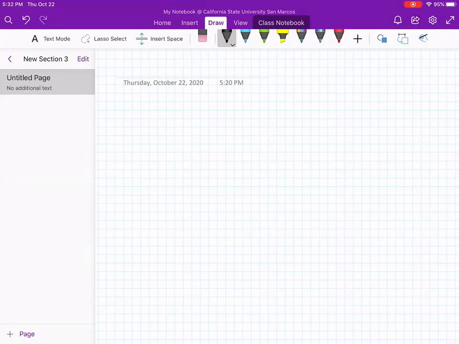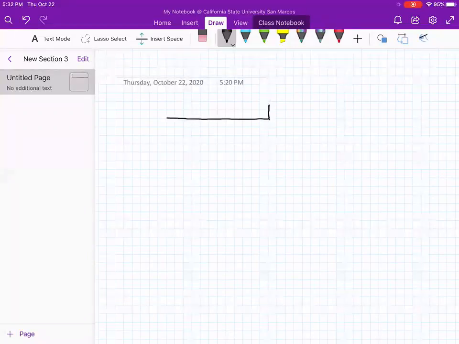So let's assume we have a beam. For example, this one.